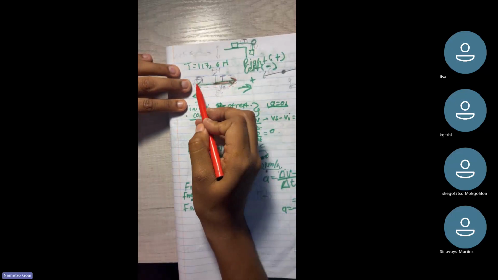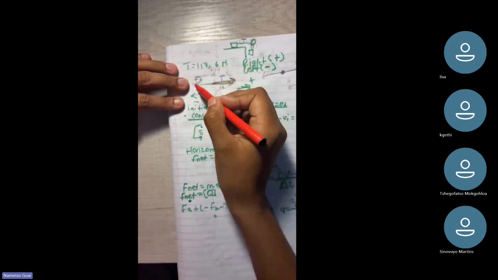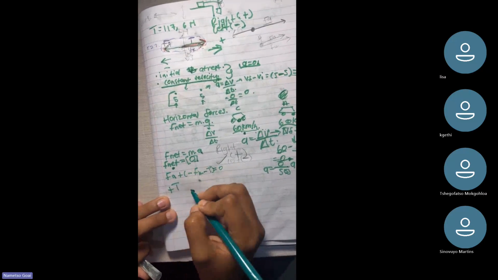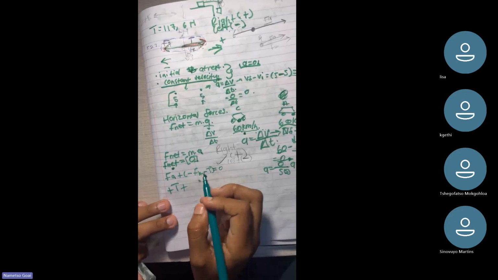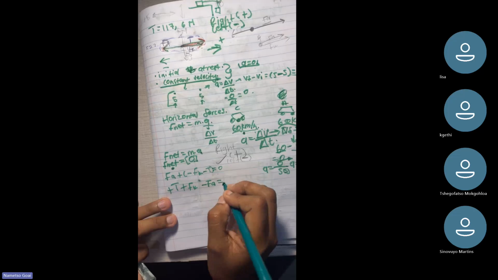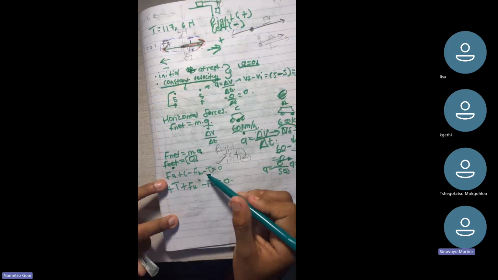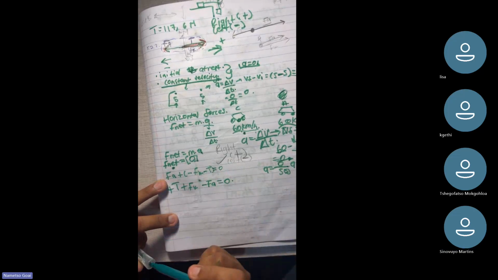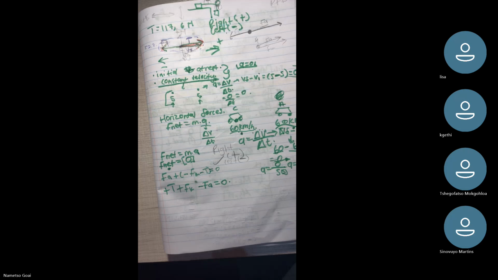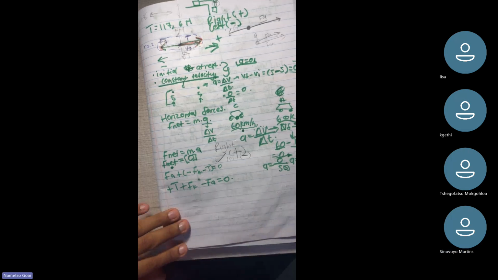And F applied, it's the only one that's on the opposite side going to the left. So instead of having them like this, we're going to say positive tension plus FK minus F applied equals to 0. This only applies if you took your left as positive, right? Yes, ma'am. Okay, so sharp.